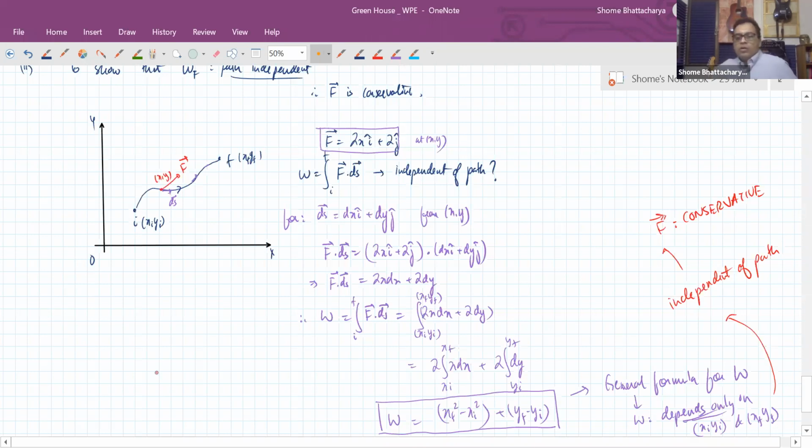So we can see that while all constant forces are conservative, even variable forces can be conservative, like in this particular case.